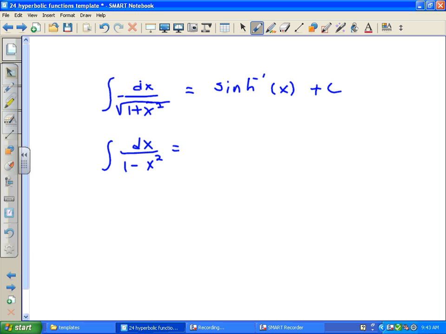Take a wild guess. Tangent hyperbolic is going to work, or hyperbolic tangent inverse. So tanh inverse of x is going to work. So this is why, again, they have such similar names, because they exhibit such similar properties with their counterparts in trigonometry. Okay, so we're going to come back to that near the end of the class today.